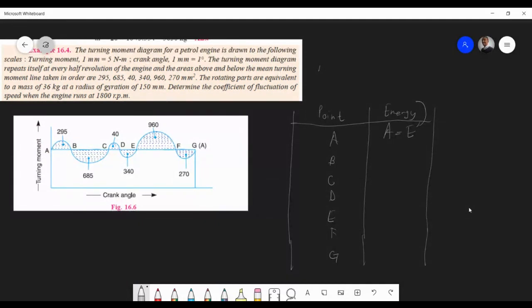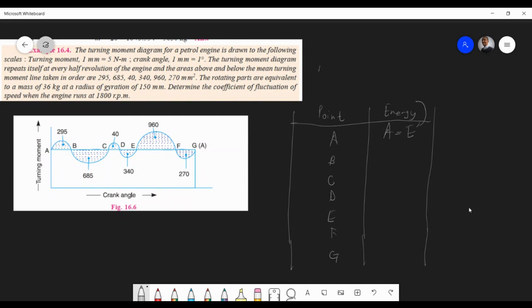So let the total energy at A equal E. I don't know what point E is, but maybe it's because it's one full cycle, repeating itself every half revolution.